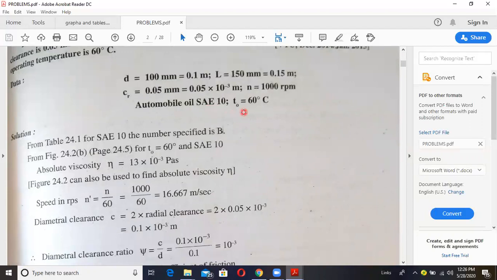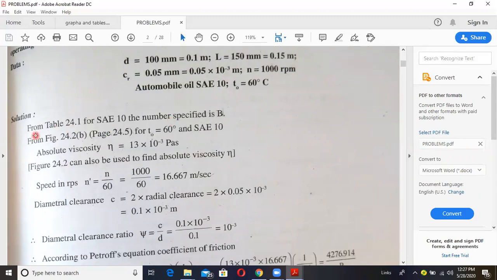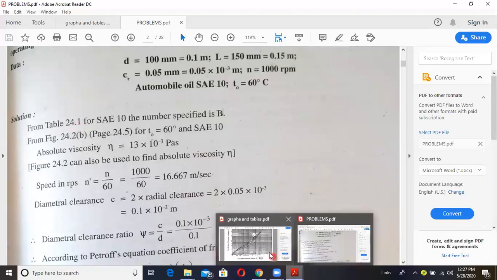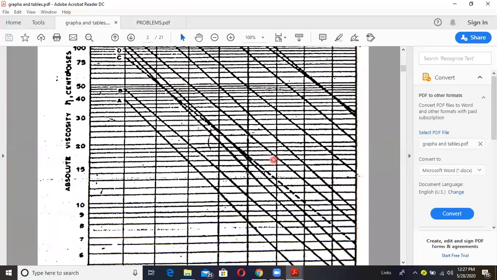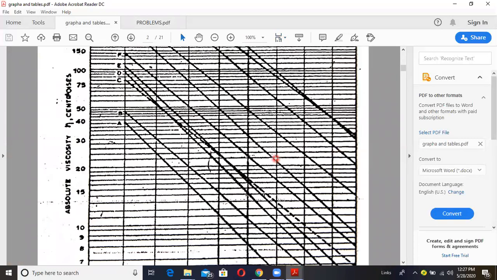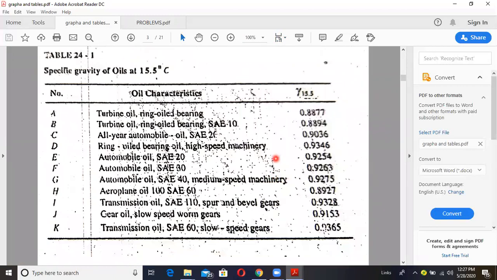To calculate eta, we are going to refer the table and the figure. First, we are going to refer the table number 24.1. If you see the table number 24.1, first here the letters A, B, C, D up to K are there, and oil characteristic, we are having different characteristics, and gamma for 15.5 is there.